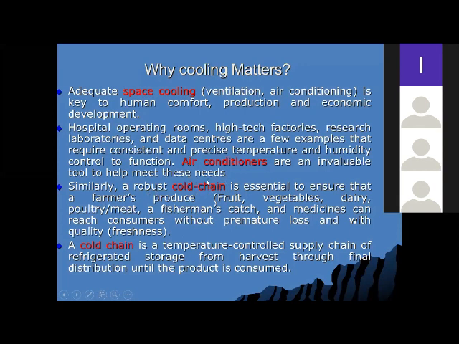In that also we have to use refrigerant. Cold chain is a temperature-controlled supply chain of refrigerated storage from harvest to final distribution until the product is consumed. So these are very important areas. Therefore, cooling is also a matter for developing countries as well.